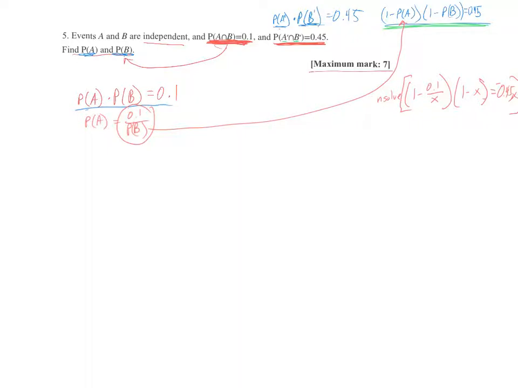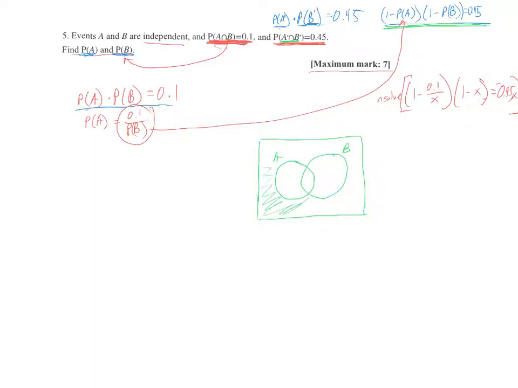What a lot of people did, and probably what I would have done, is I would have said, well, what is this probability of not A intersect not B? What would that look like? If I draw my Venn diagram, where this is A and this is B, what area is not A and not B? So it has to not be in either of those, right?